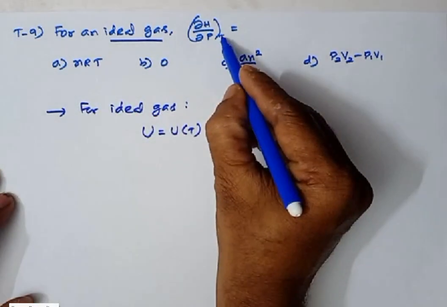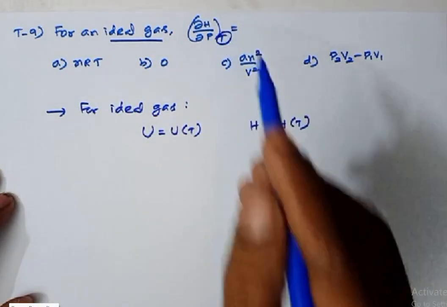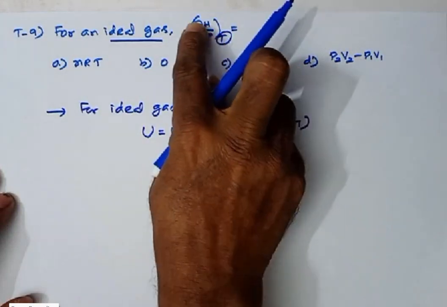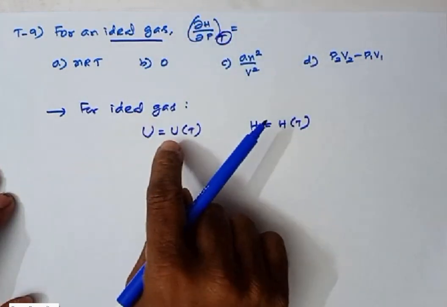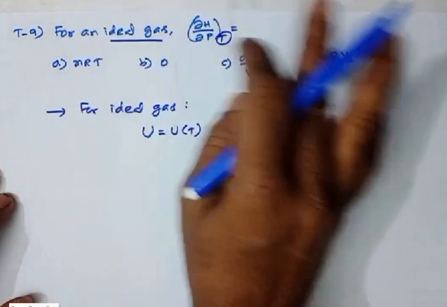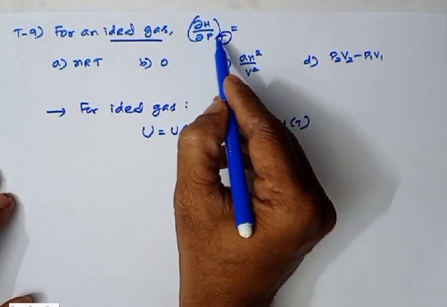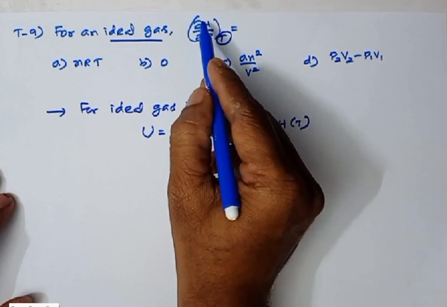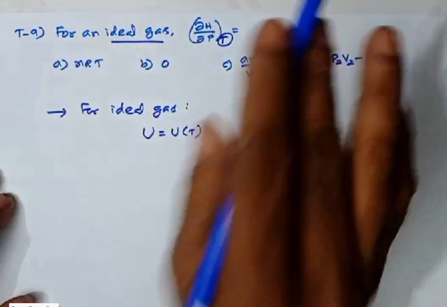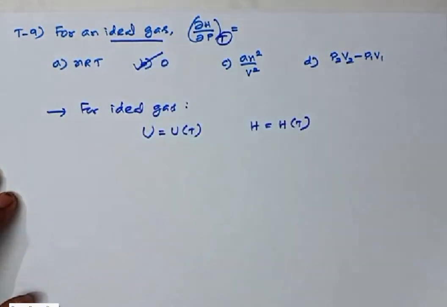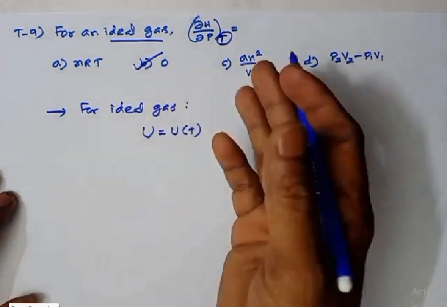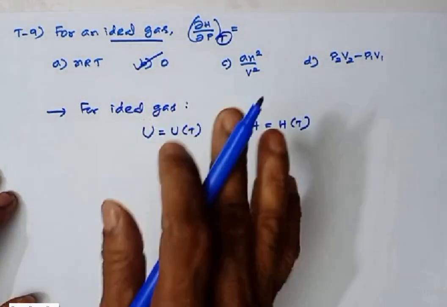If we keep temperature constant, then there is no change in internal energy, there is no change in enthalpy. So, keeping temperature constant, if we change the pressure, will enthalpy change? No. So, the correct option is B. Right? You can answer this question directly like this. Okay, take down.